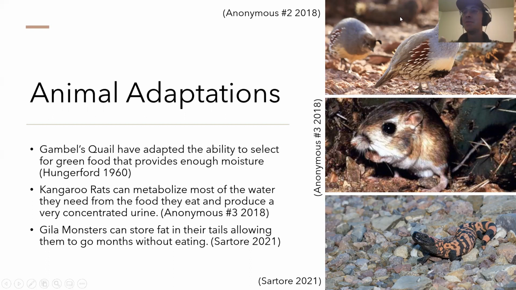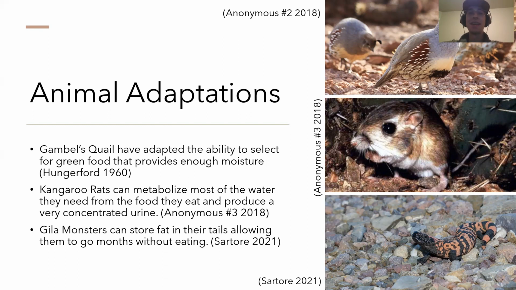They have a pretty interesting behavioral adaptation where they have the ability to select the green food that has enough moisture content to help ensure that their bodies get enough moisture even when there's not enough moisture for them to drink, which is kind of a trend among Sonoran animals, where they get a lot of their water from their food.